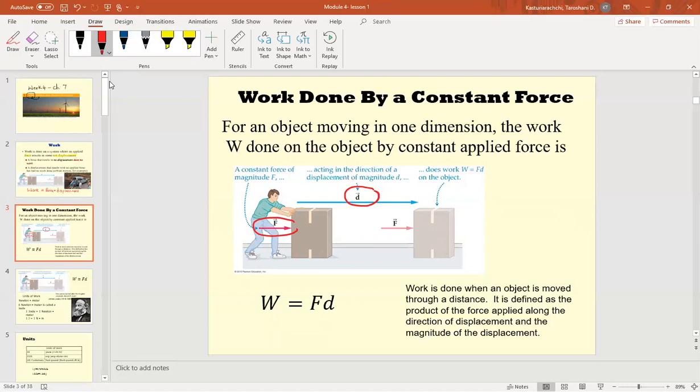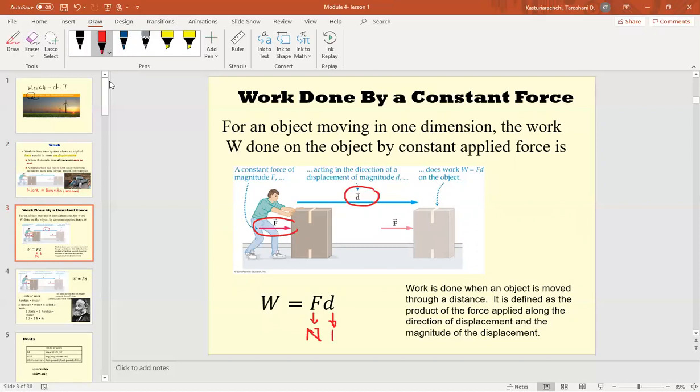So let's look at what the units for work should be. Force we measure in Newtons, SI units. Displacement, remember, is different from distance, right? Displacement is final position minus initial.